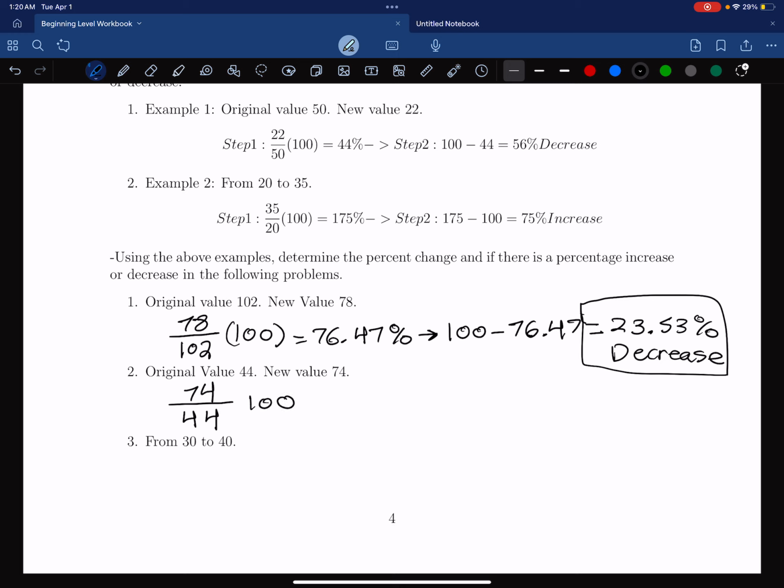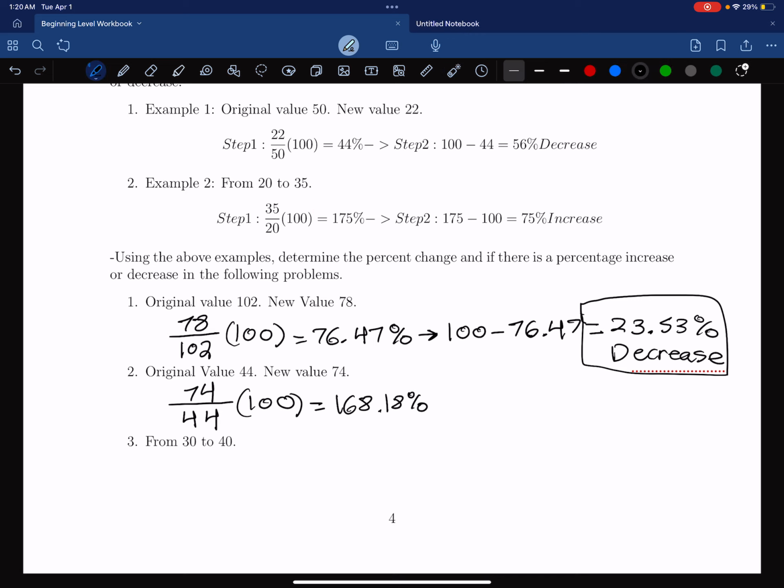And we multiply that by 100 to get a percentage, which is 168.18%. Now, because we got a value over 100%, that is telling us that our percentage has increased, or we have a percent increase, as we did in example 2 here.